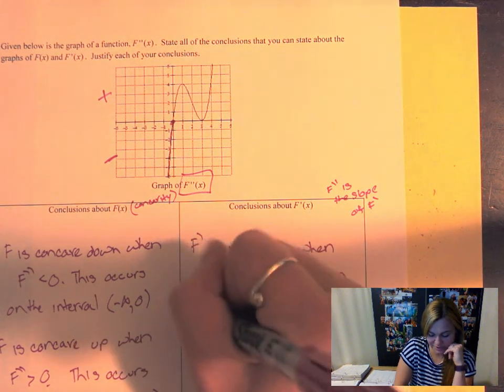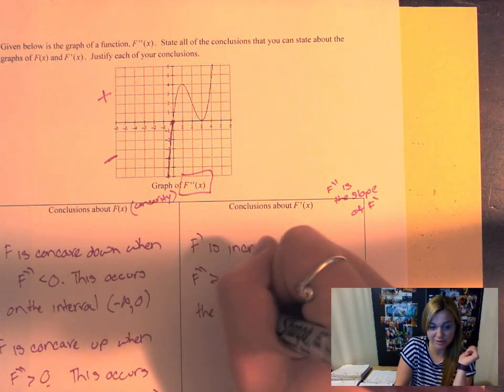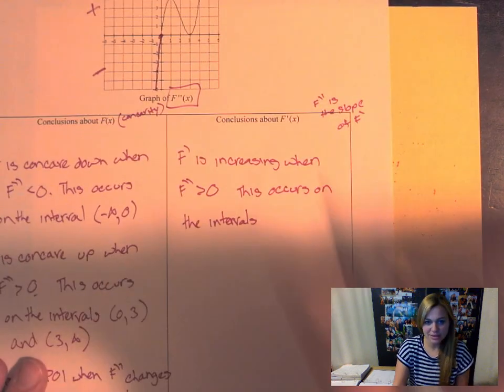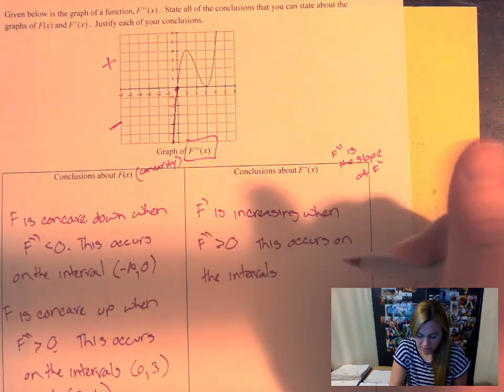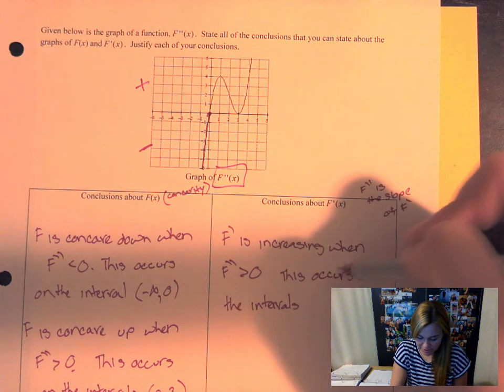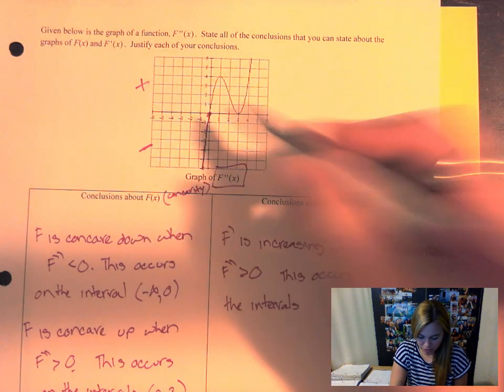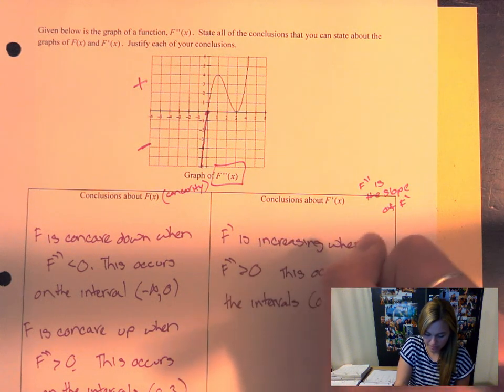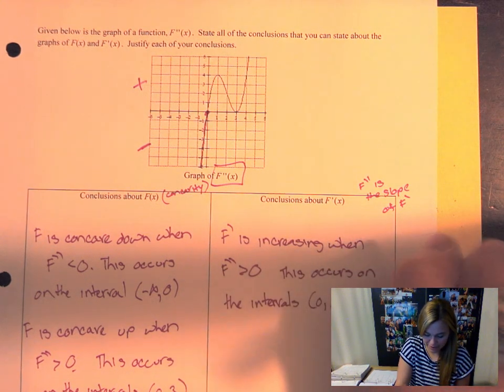Notice I'm not going in the same order every time. Yours could be totally different than mine. If you tried this and you did decreasing first, that's okay. This occurs on the intervals where f double prime is greater than 0. So I'm going up here, 0 to 3 and 3 to infinity.